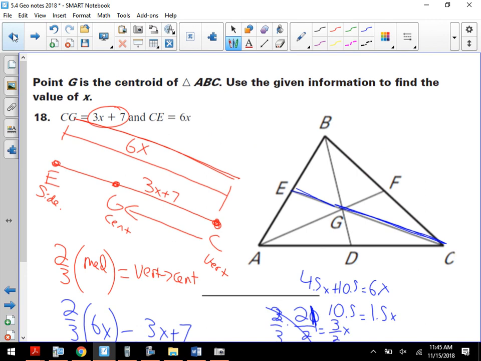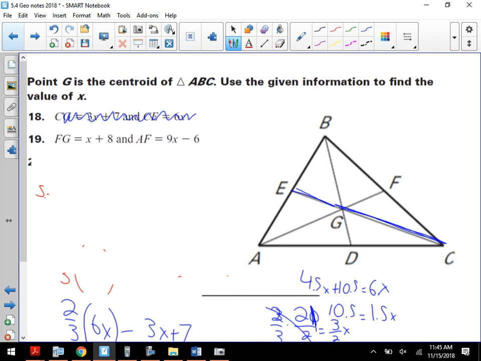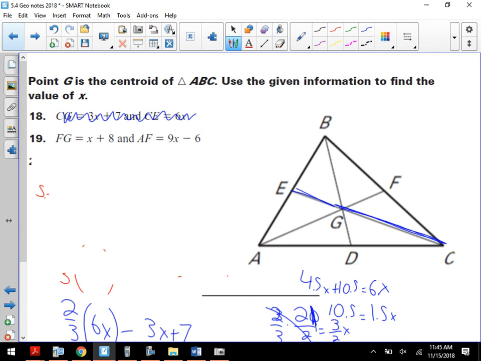All right, let's try another one. Same diagram, same picture. Let's try the same thing with a different segment in there.